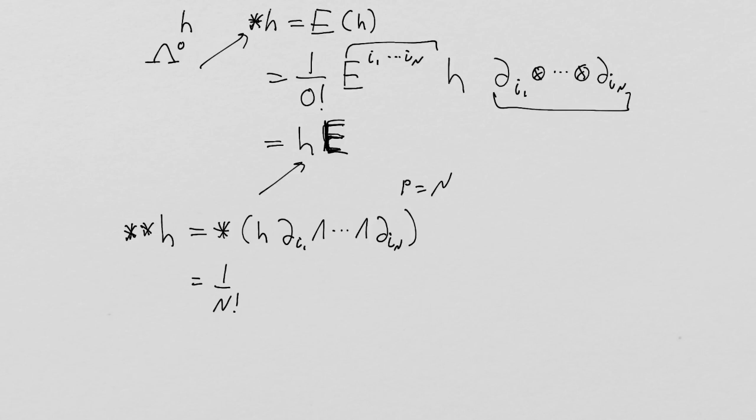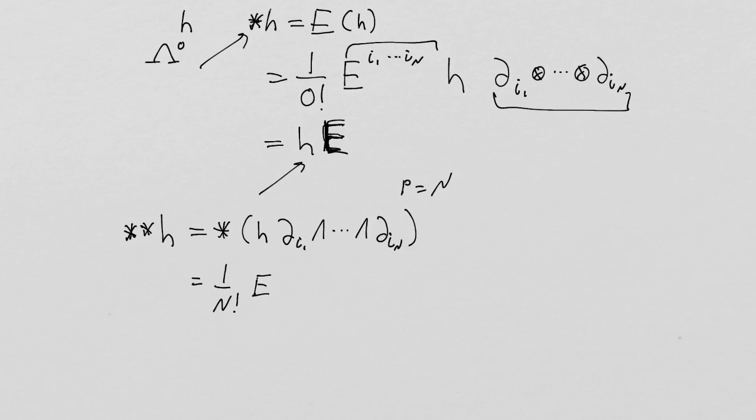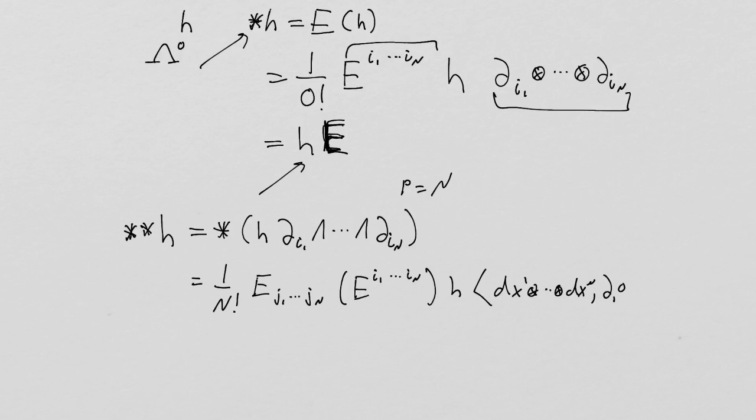So it's 1 over n factorial, and then it's E to the J1 through Jn, and then you put that inside E I1 through IN, times H, and it consumes dx1 tensor product through dxn, partial 1 tensor product through partial n, like this.